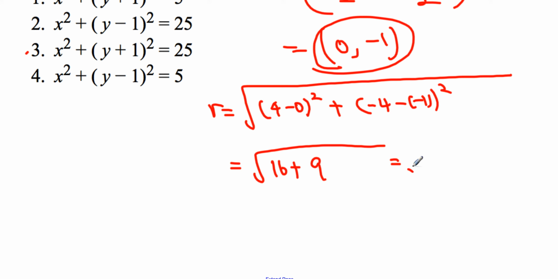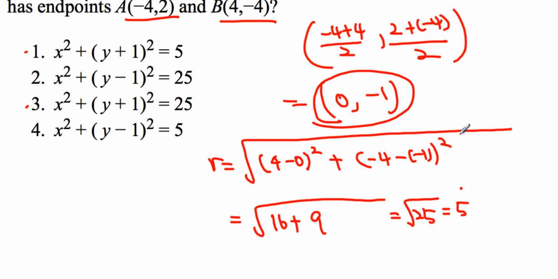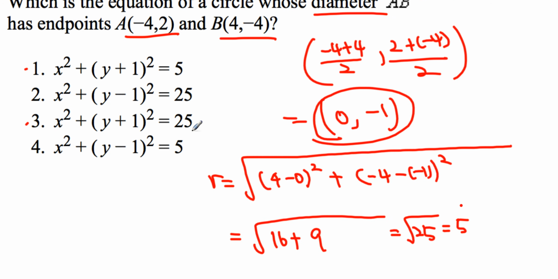So here we get square root of 25. Therefore, the radius becomes 5. Since the radius is 5, when you put that into an equation, we have to square that. So choice 3 becomes the answer.